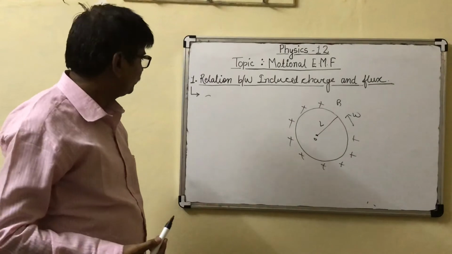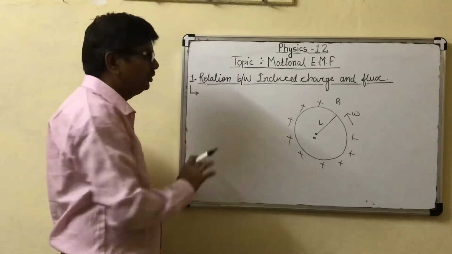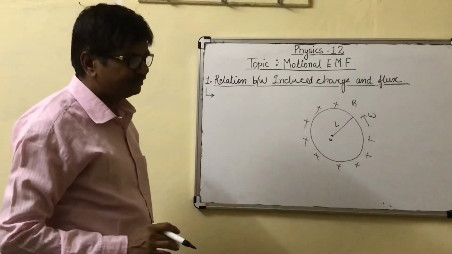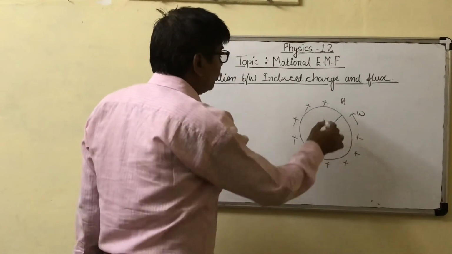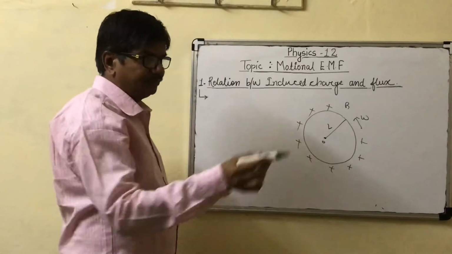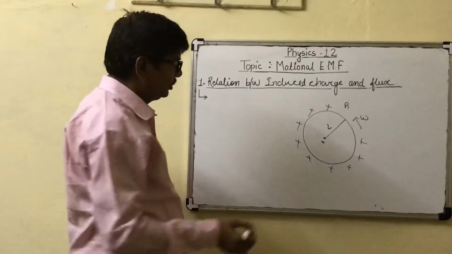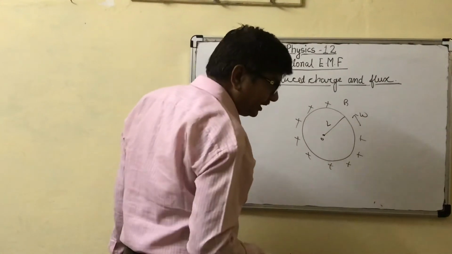Derive an expression: first induced EMF, second induced current, third force or power as you like. Consider a rod of length L placed in a uniform magnetic field, rotating with angular velocity omega.